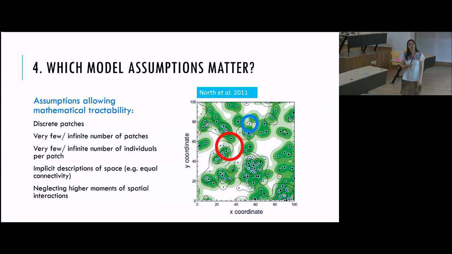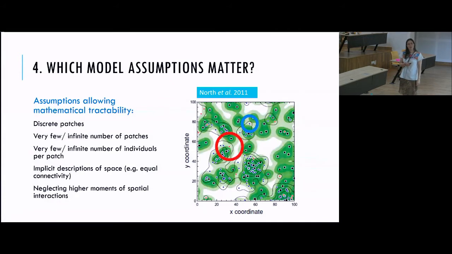I've listed a few of these strong assumptions. Most of those models assume discrete patches of habitat. There was very little work looking at some kind of continuous space. Those models generally assume either very few patches, like 2, or an infinite number of patches, which is another interesting mathematical limit to drive a solution. They also assume either very few individuals per patch, typically 1, or an infinite number of individuals per patch, basically neglecting all stochastic components and having a deterministic model.